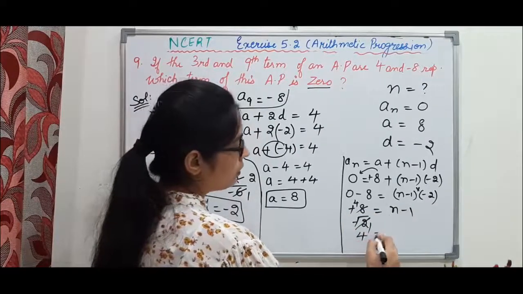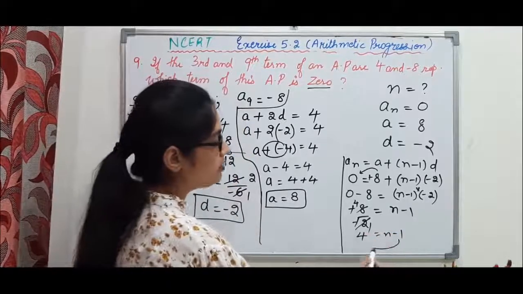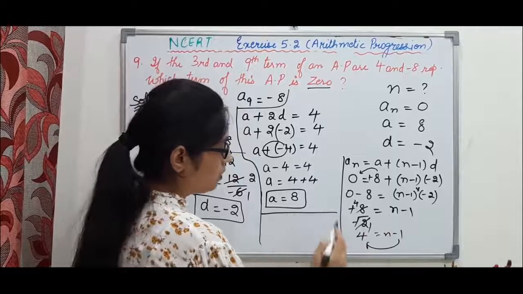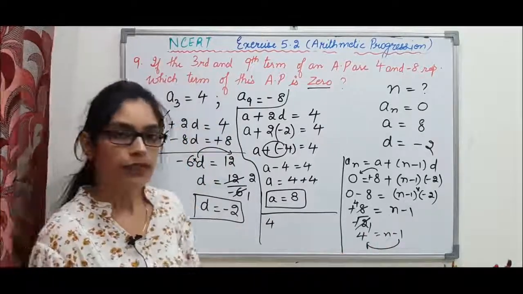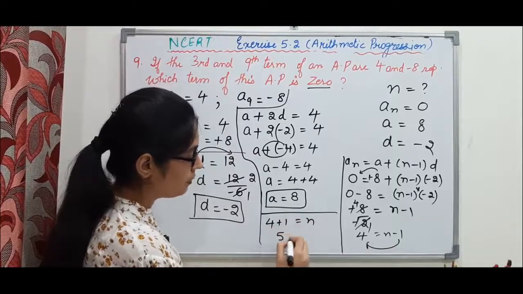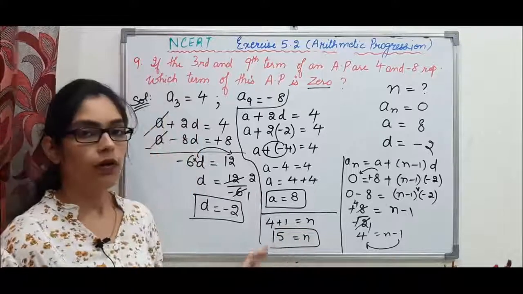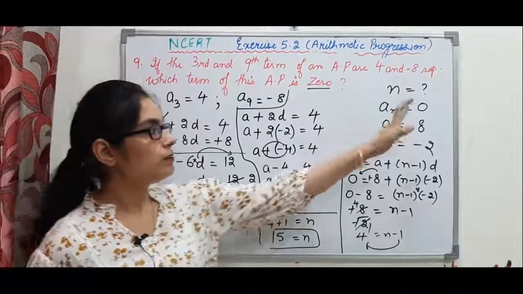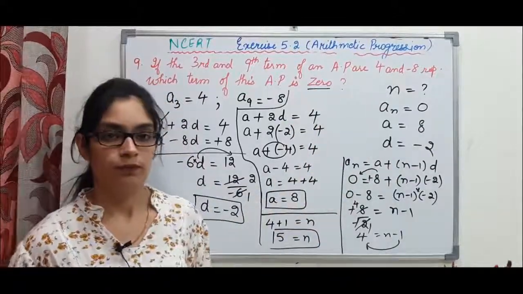Now, 4 is equal to n minus 1. n we have to find. So, this minus 1 will shift to this side. So, minus 1 when we shift it to other side, it will be changed to plus 1 is equal to n. 4 plus 1 is 5 is equal to n. So, the value of n we got is 5. That means fifth term of this AP is equal to 0.